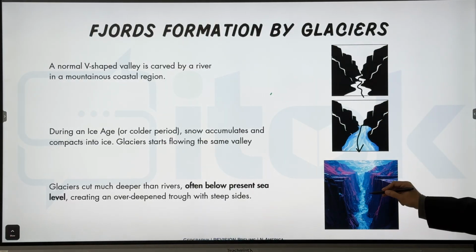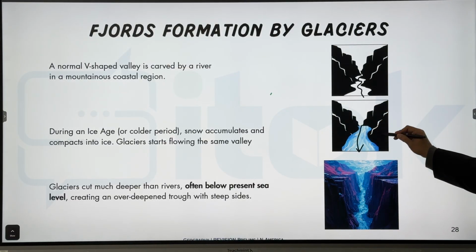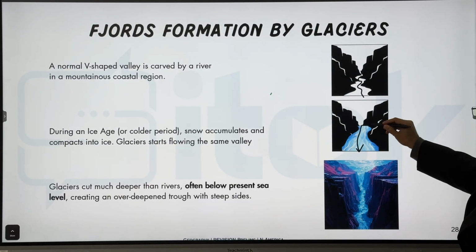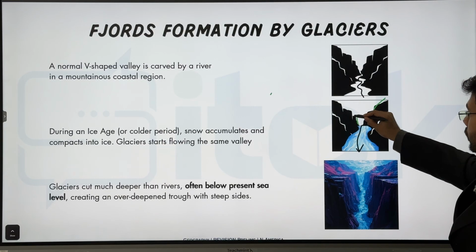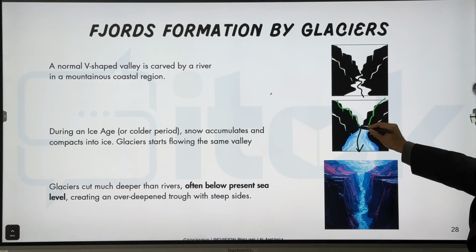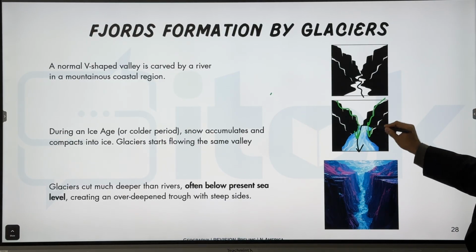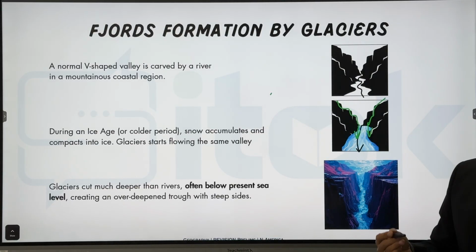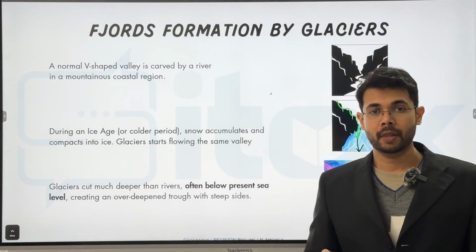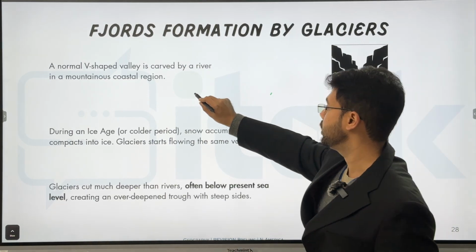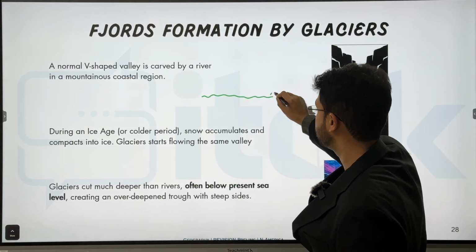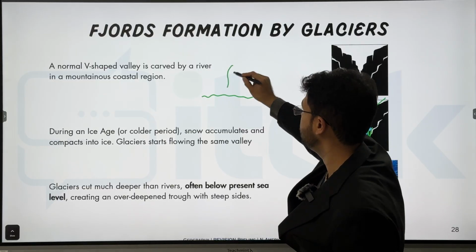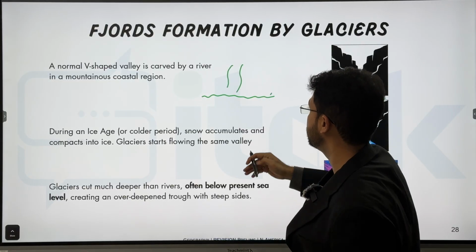So the glacier is just eroding away. You see these hill lands over here? Glaciers will be eroding much deeper within them. And many times it even goes below sea level. So there is a sea level present, for example, and there is a glacier flowing from some mountain areas.